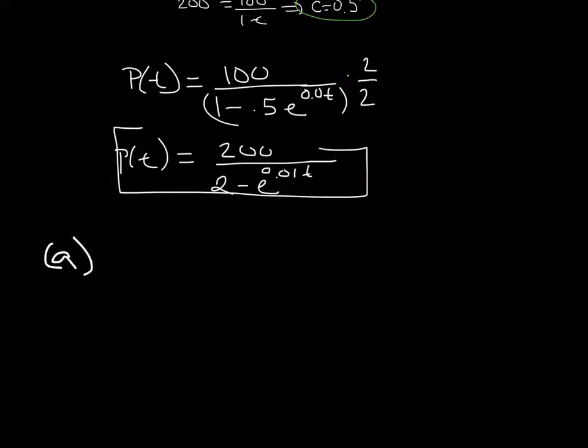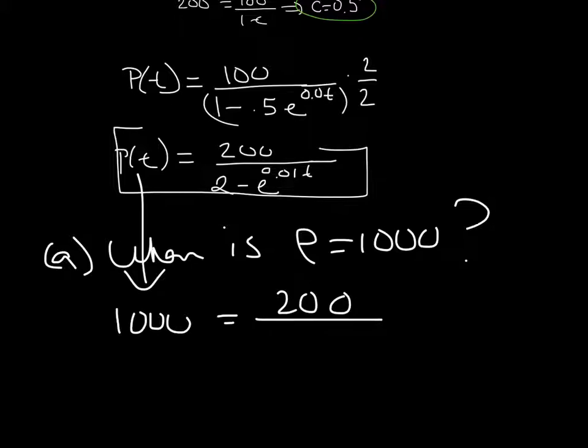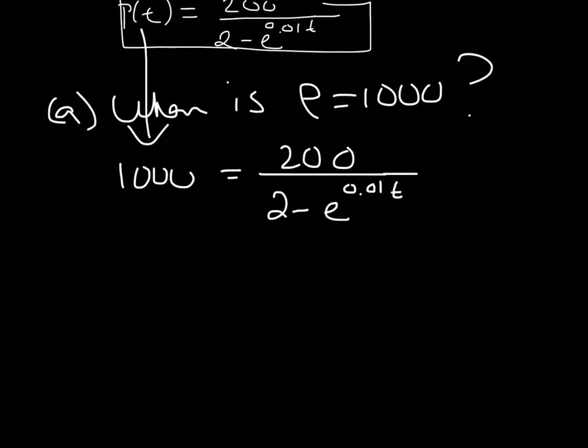So part A, when is the population going to be 1,000? Well, we have the model, so let's put in 1,000, and when is referring to t. This is just a college algebra equation that we're solving. You can cross multiply, then use a natural logarithm.